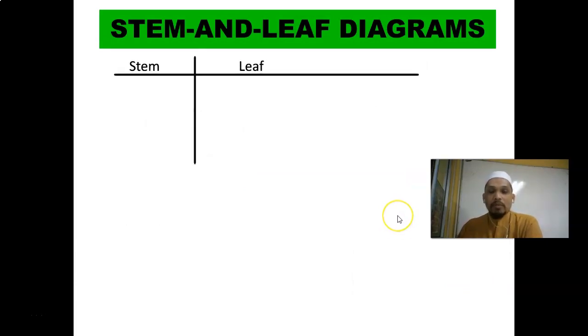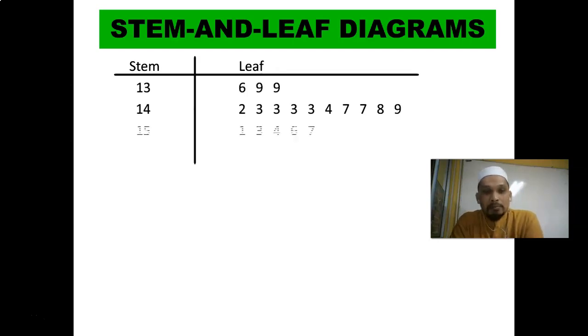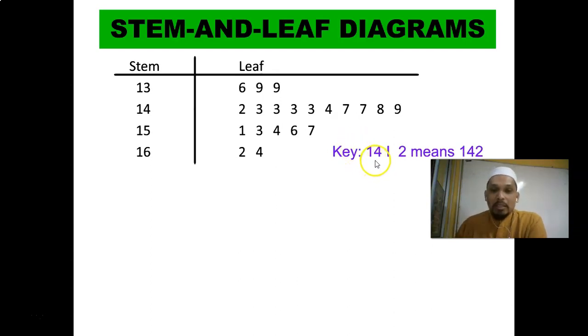Okay, when we are given any raw data, we can also arrange or describe it in a diagram, what we call a stem and leaf diagram. Okay. So for example here, the key is 14, okay, 14 with 2 means 142.